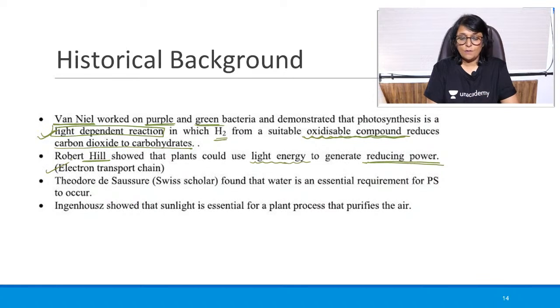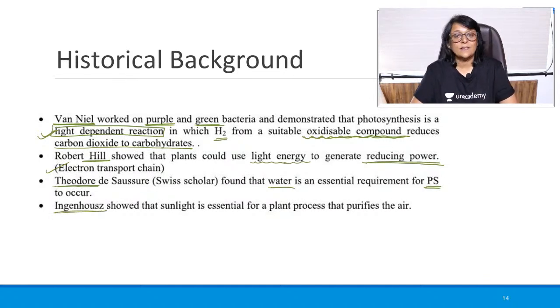This we will talk of in detail later on. Theodore, another scientist, showed that water is essential for photosynthesis. And Ingenhousz, whose name appeared earlier also, showed that sunlight is essential for the plant process that purifies air.